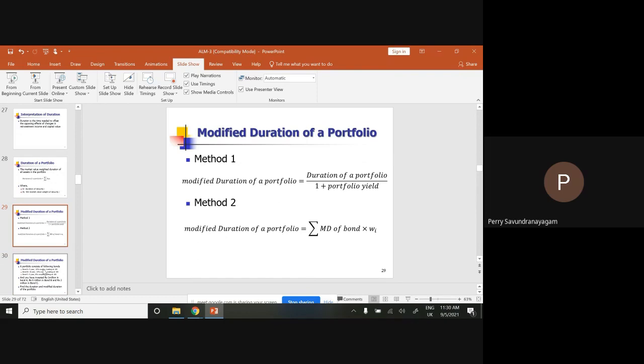In other words, modified duration of the portfolio is the sum of the modified duration of the bonds or whatever you're holding, weighted into the move in the weighted average yield of the whole portfolio. It's basically the same thing that we discussed earlier, but as a sum. Is that clear?